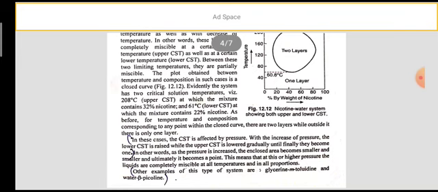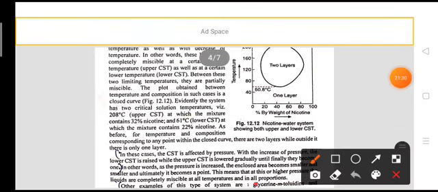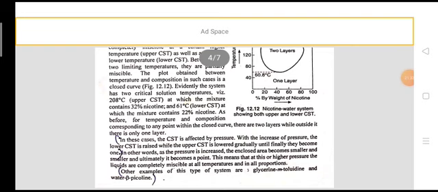So the next point, there are some other systems of this type also. Glycerin, m-toluidine and water, beta-picoline. These are also systems which have both upper CST as well as lower CST.